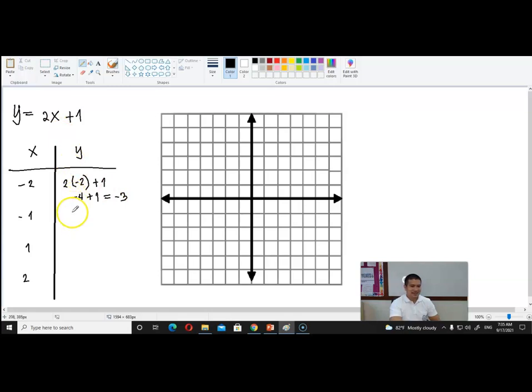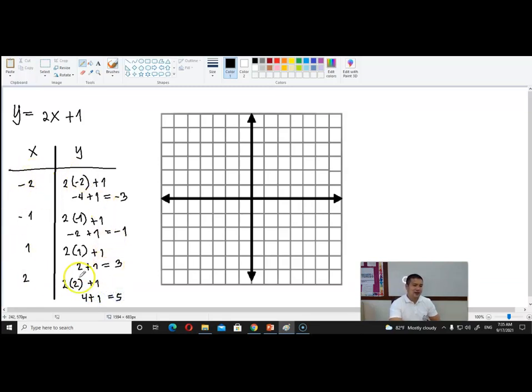Next, how about negative 1? 2 times negative 1 plus 1 is negative 2 plus 1, equals negative 1. If x is 1, 2 times 1 plus 1 equals 2 plus 1 equals 3. And if it is 2, 2 times 2 plus 1 is 4 plus 1 equals 5.